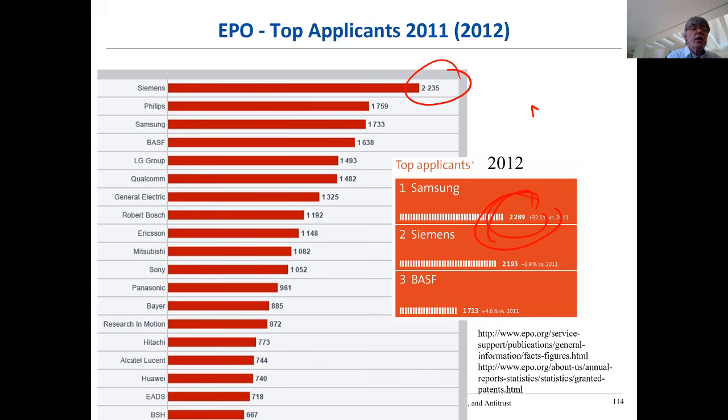These are more like Siemens, tech companies. Here you see BASF, a chemical company. LG should be clear. Robert Bosch is also interesting. Sony, also a tech company in a sense. Research in Motion, that was the former mobile phone company, and so on. And Huawei, you saw that they really caught up.